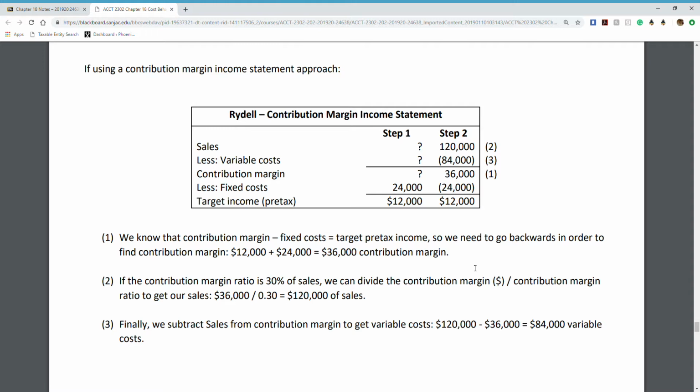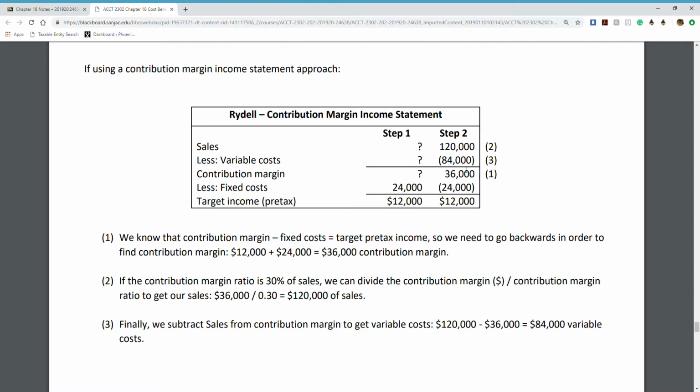Starting off, first, 12,000 plus 24,000 for our fixed cost. This is step one. That helps us figure out the contribution margin, which is 36,000.